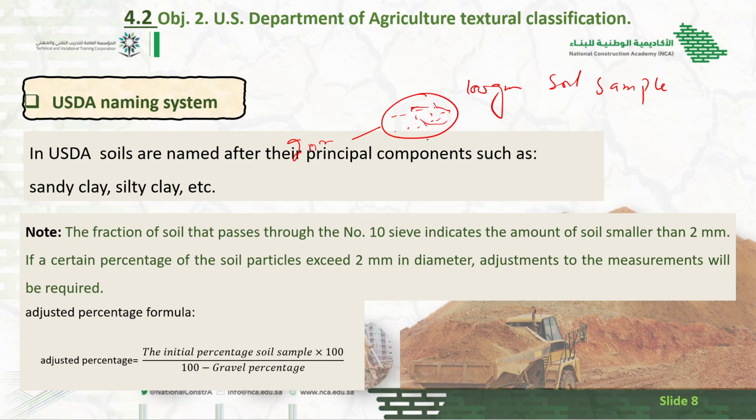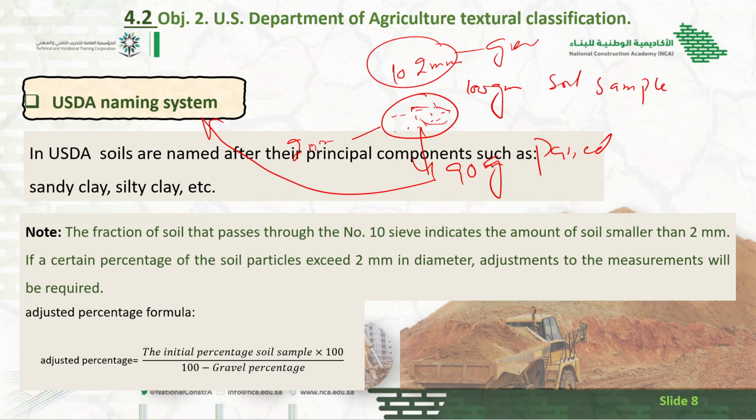So now 90 gram passes through the 2 mm sieve. This 90 gram is soil as per the USDA. But the 10 gram is more than 2 mm, so it is gravel, and it is not considered soil as per the USDA. It is soil, but it is not considered for the USDA system. So what should we do?